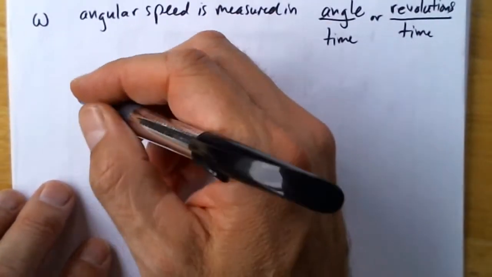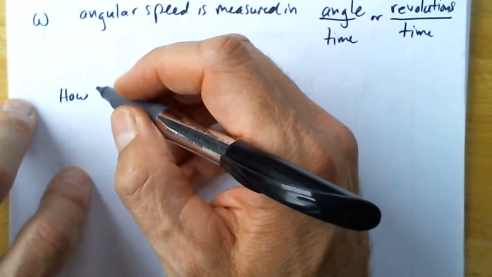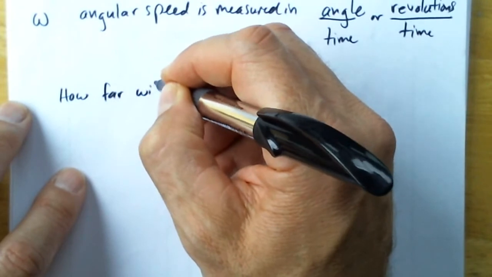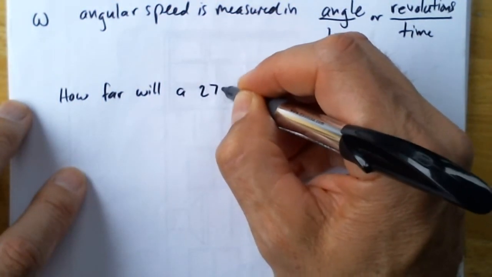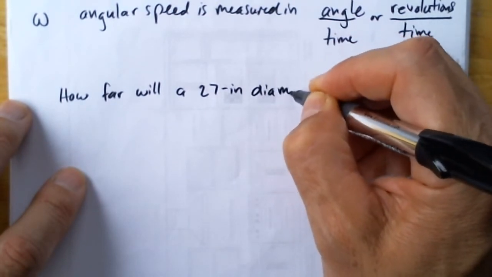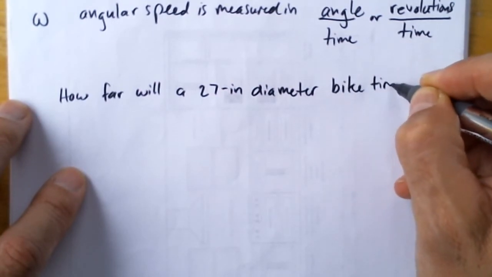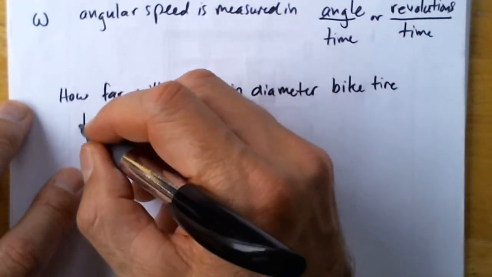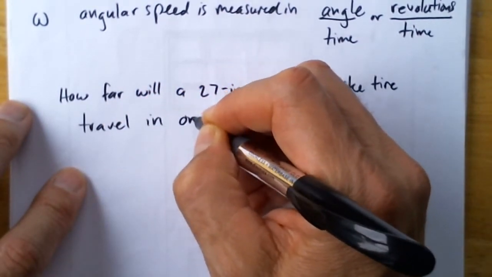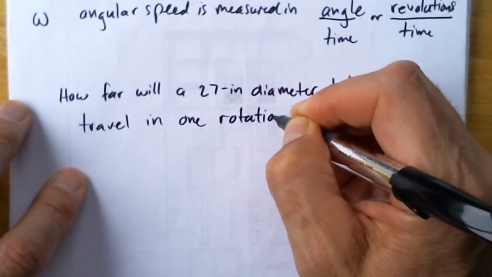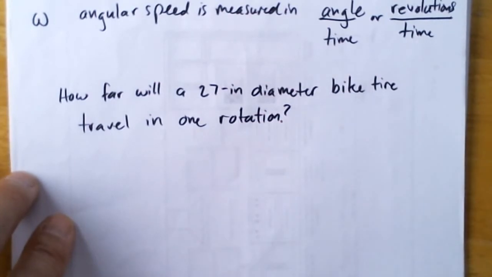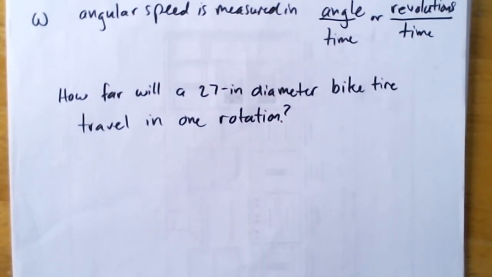All right, let's think about this. So if we can understand what's happening here, then this is just talking about distance, but if then we take this distance and divide it by the time it takes to do this, then now we can talk about speed.